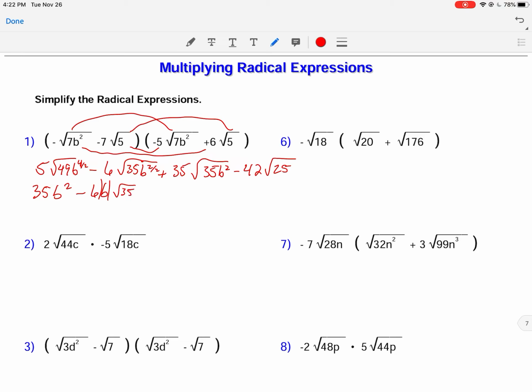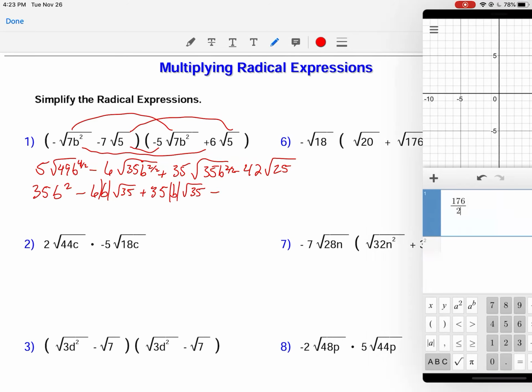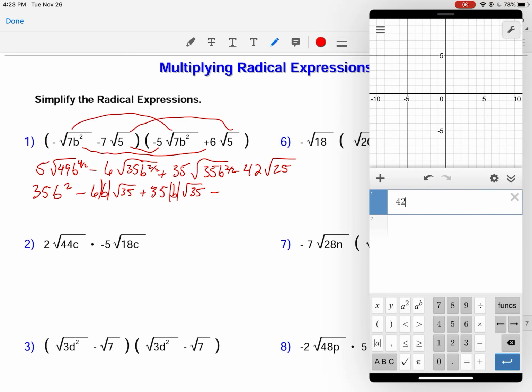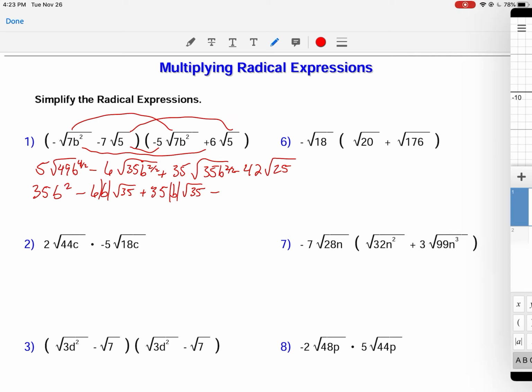And we should get square roots of 35 in there. 35 doesn't have one, but the b is going to come out, so plus 35b square roots of 35, minus square root of 25 is 5, whatever 42 times 5 is, 210.